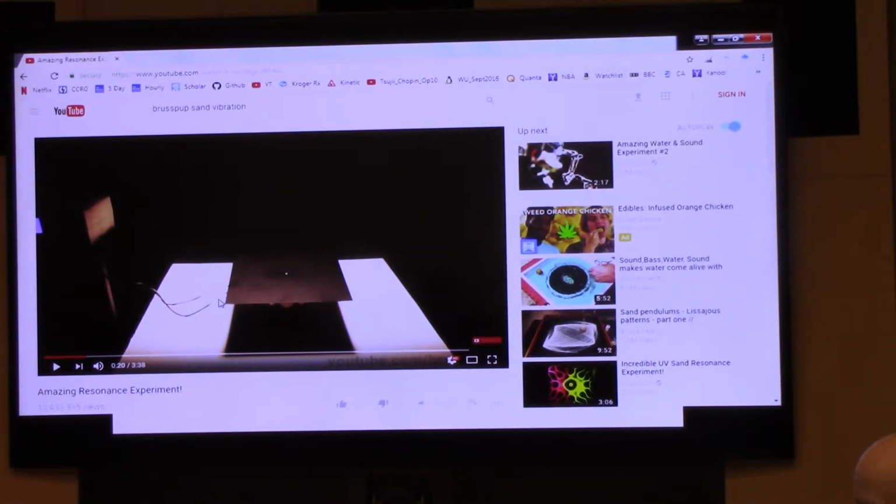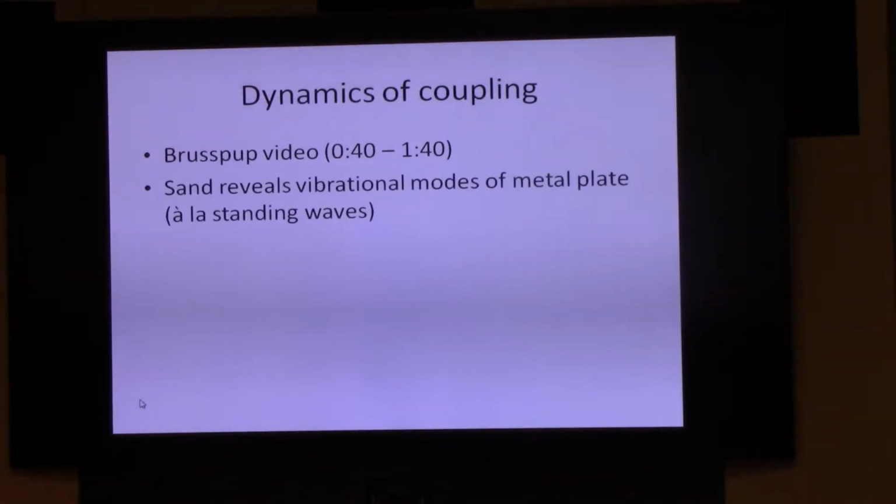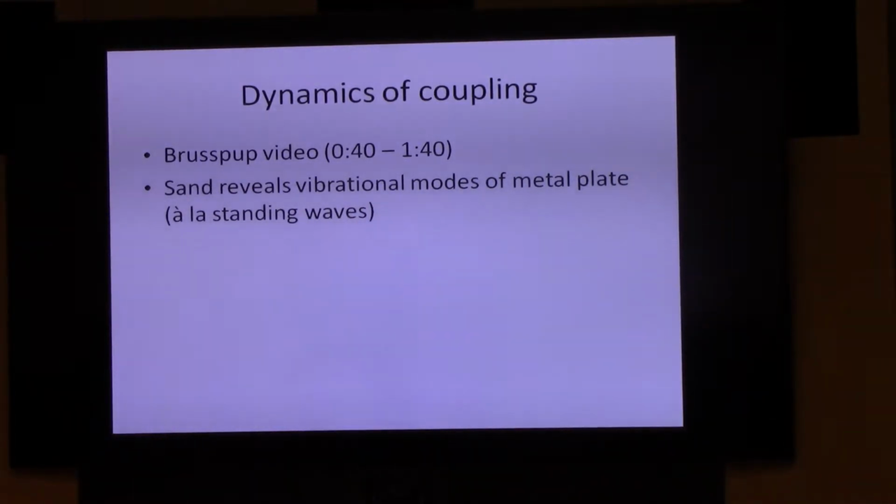And at certain frequencies, there will be a discrete mode of vibration that is revealed when you put the sand on the plate. So the sand reveals these vibrational modes, and I call them standing waves. There's a standing wave in a piece of rope that's got two nodes.